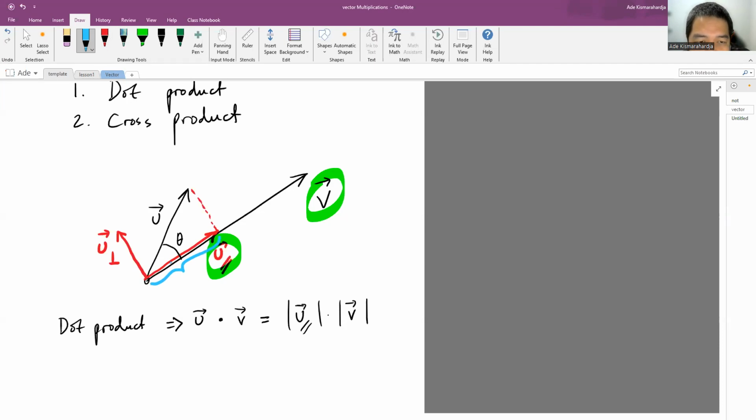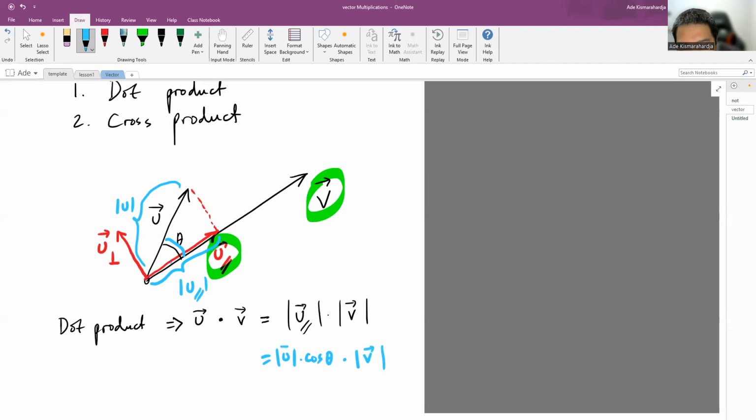So the question is, what is the length of u parallel? Now, you know, for example, we have the length of vector u, and then we have this angle cosine. We have the angle theta here. Therefore, the magnitude of u parallel is simply the magnitude of u times cosine theta.